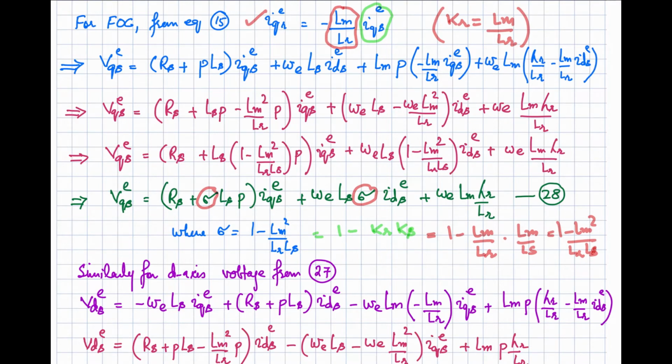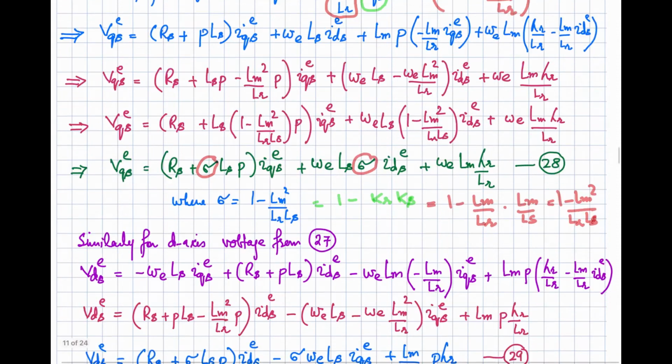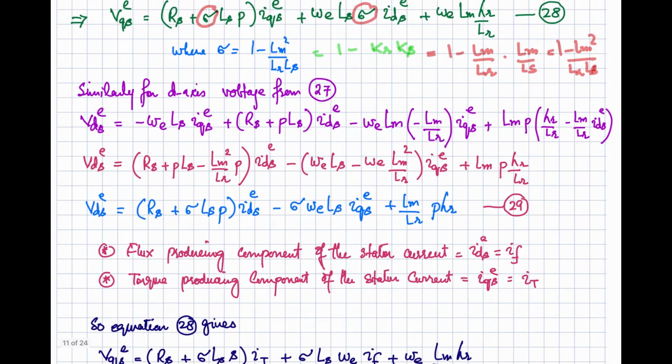So you can develop the motor model equations in terms of the stator parameters, because you are only able to measure the stator parameters. Similarly, if you do this for the d-axis voltage equation, which is taken from equation 27 from the matrix that I have shown you before, and you update it in terms of the stator current, you can write down the stator voltage equations in terms of the stator currents only.